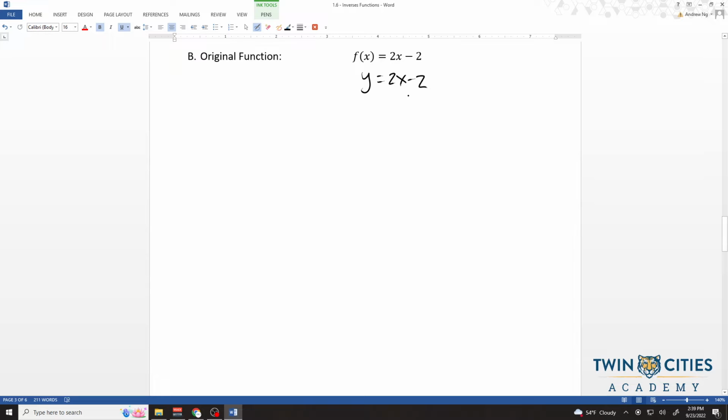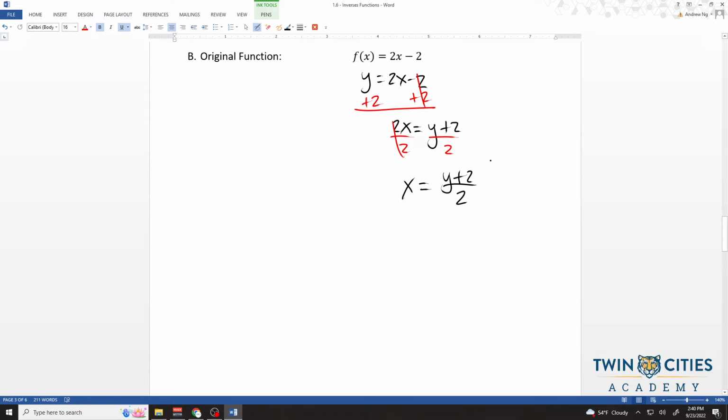So now solve or isolate x, so add 2 to both sides. And I'll get 2x equals y plus 2. And then divide both sides by 2. Okay, so this gives me x equals y plus 2 over 2.